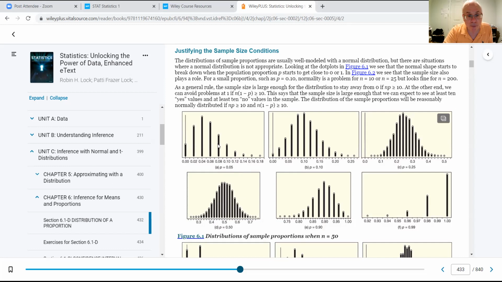Notice that when you look at the distribution of the samples for what size here, I'm not really sure what the sample size is here, probably 10.